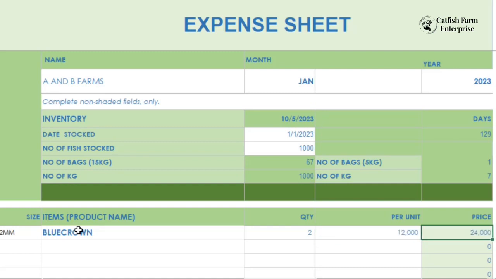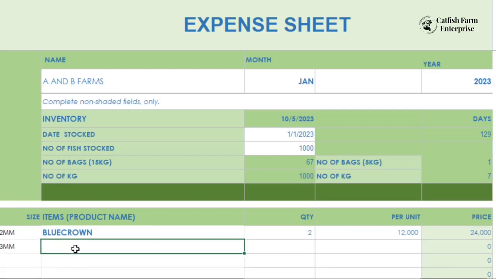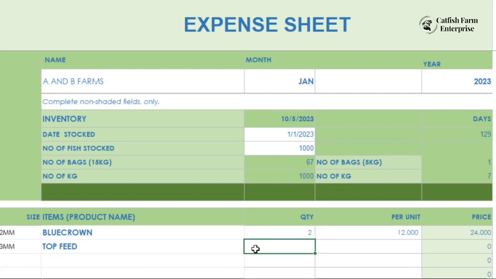It gives you 24,000. You went back and bought 3 mm. You just pick down the size. Then you bought top feed, 3 bags at 11,500. It gives you the total amount.